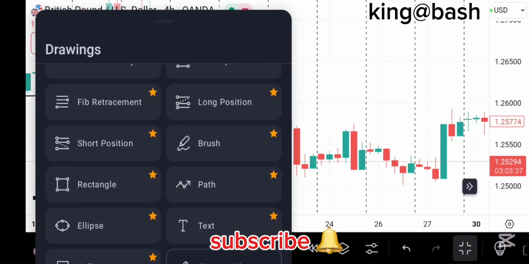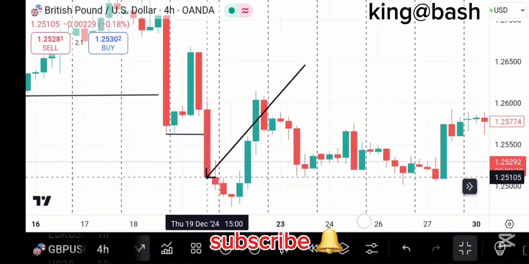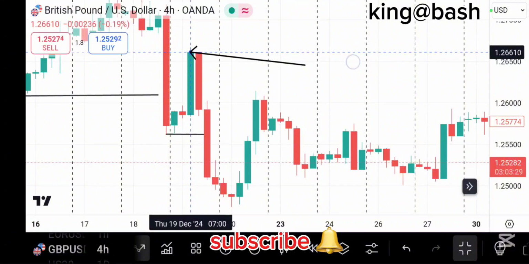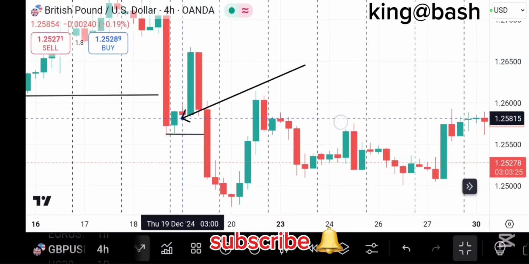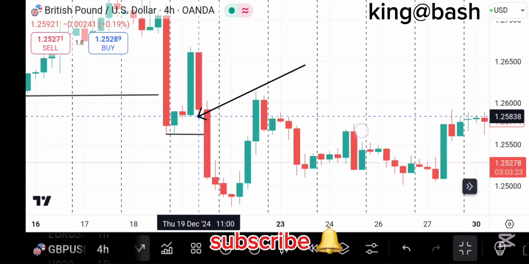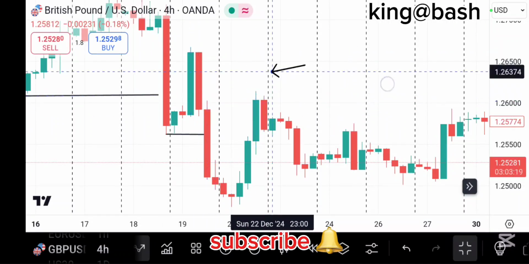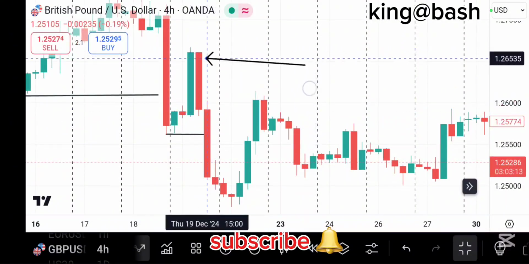What did I tell you last time? Once you see this break of structure to the downside, you wait for price to pull back to an up close candle, a demand zone or a supply zone. I explained the difference between an up close candle and a supply zone, so watch my previous video to understand it more.